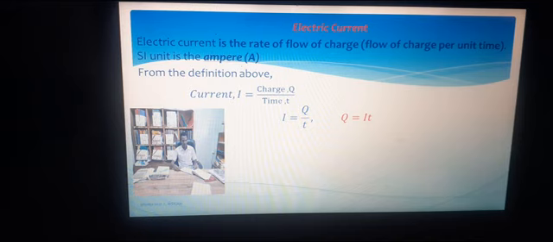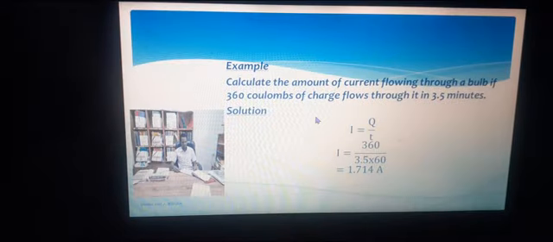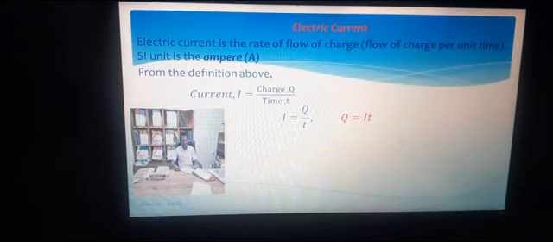From the definition above, we have said that current is the flow of charge. Therefore, with the flow of charge, we take charge divided by time. Current is equal to charge over T. If we move back a bit and make charge the subject, we can say that charge is equal to IT, current times time.